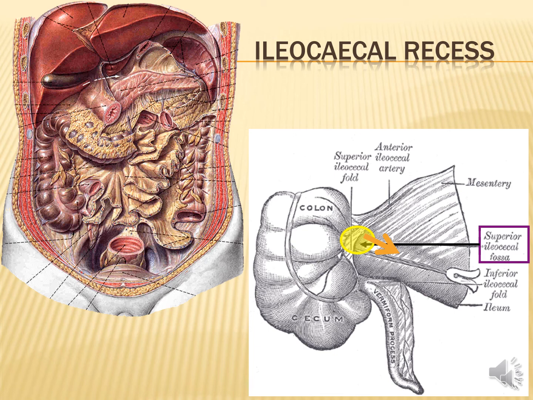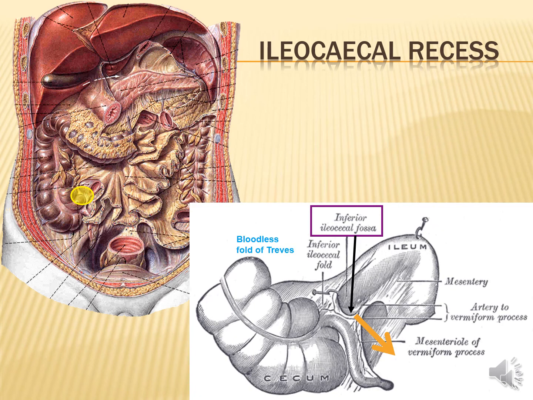Then we talk about the next ileocecal recess, that is the inferior ileocecal recess, which is present beneath the inferior ileocecal fold of peritoneum, and this fold is known as bloodless fold of Treves.